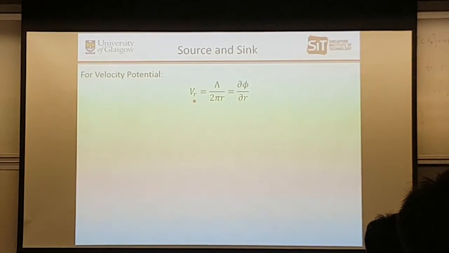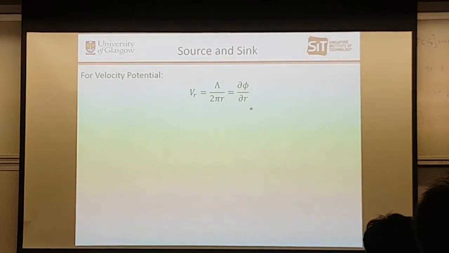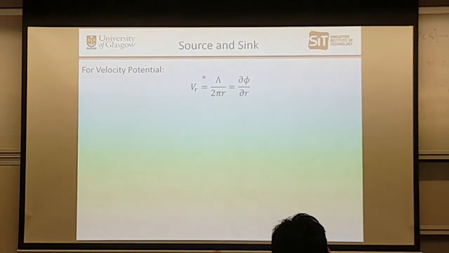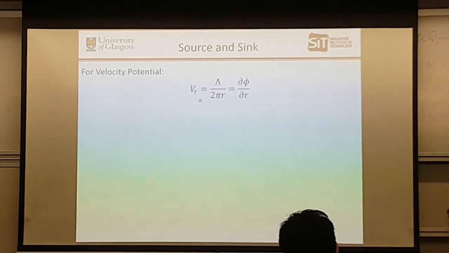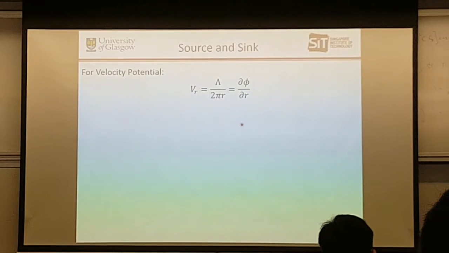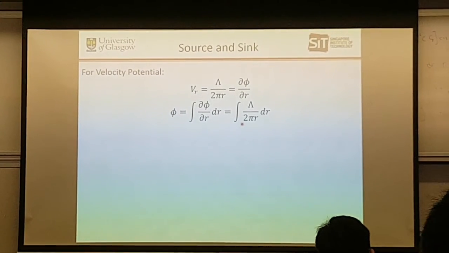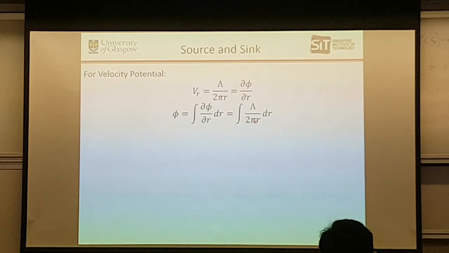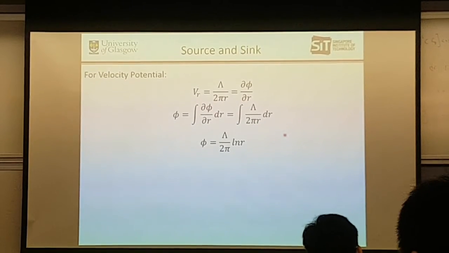By definition, the radial velocity V_R is del phi over del r, and then we have the definition for V_R. To find the velocity potential, you will get ln r.